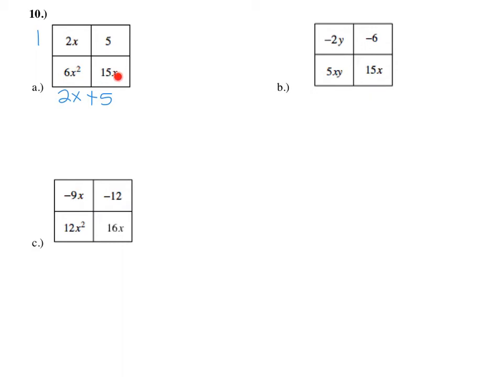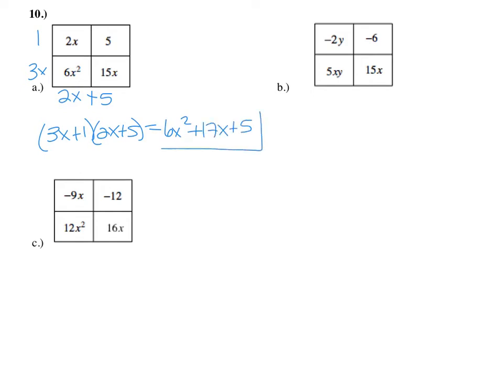So then I'm focused on this row, 6 and 15. Well, 3 goes into 6, it also goes into 15, and they both have an x. So we can write it out as 3x plus 1 times 2x plus 5 equals 6x squared plus 17x plus 5.